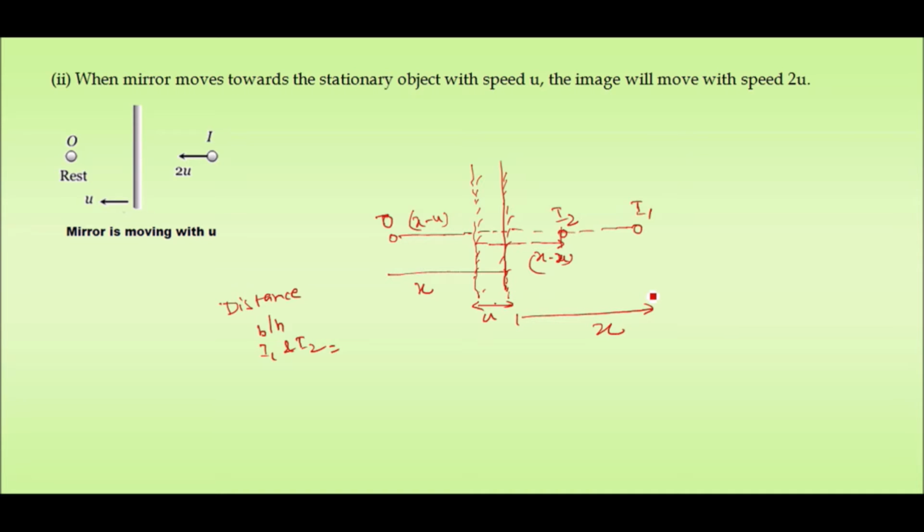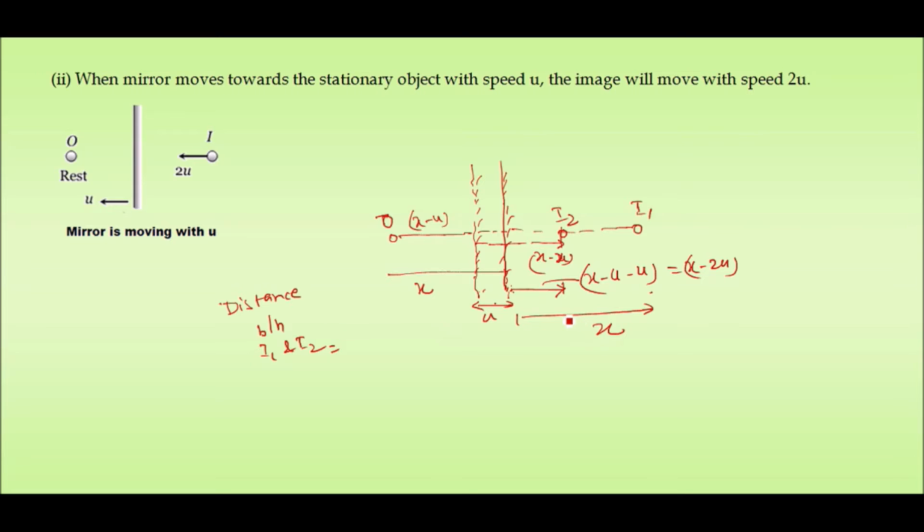With respect to this line, I1 is at distance x, and the new image is at x minus u from the mirror's new position, so with respect to this line it is at x minus 2u.